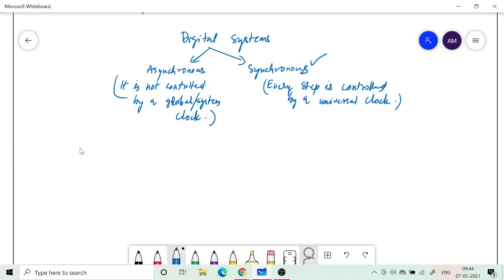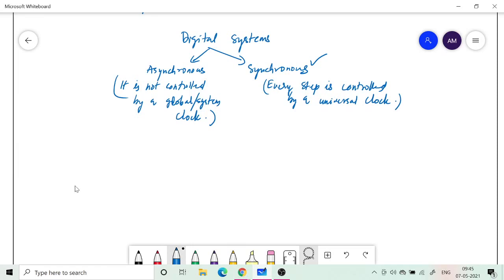For example, depending upon the transitions, the delay for high to low transition and low to high transition varies from one gate to another gate. So it is not the same for all gates. Every gate which is fabricated ultimately has some propagation delays, so there are various delays in the system.